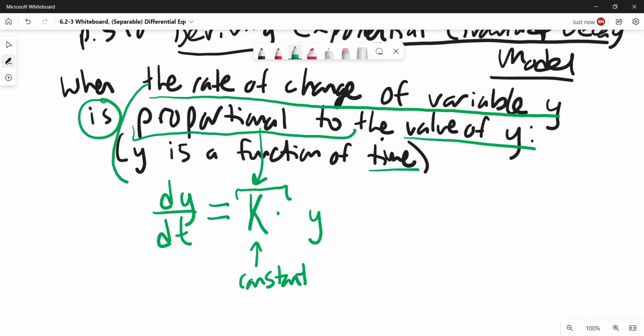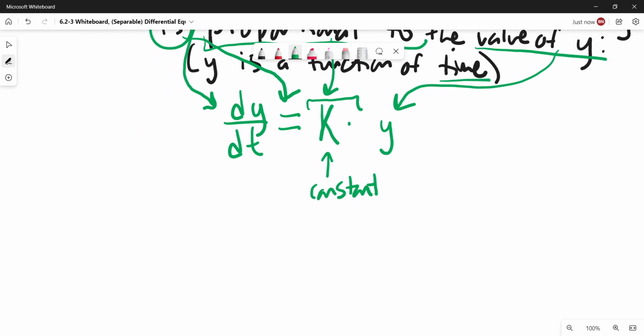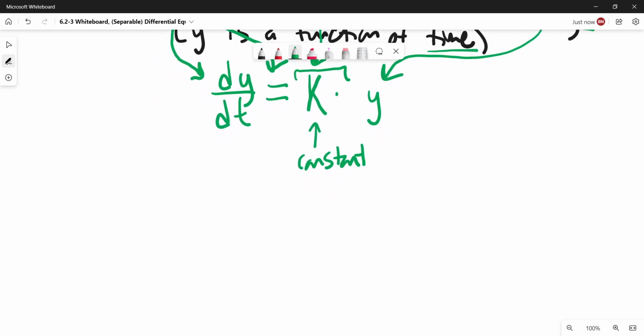So the rate of change of the variable y equals k times y. Again, that means if y is higher, dy/dt is higher, like if you have more people, your population growth is faster. So that's how you write your differential equation for that particular case. If that is true, here's how you would solve it.